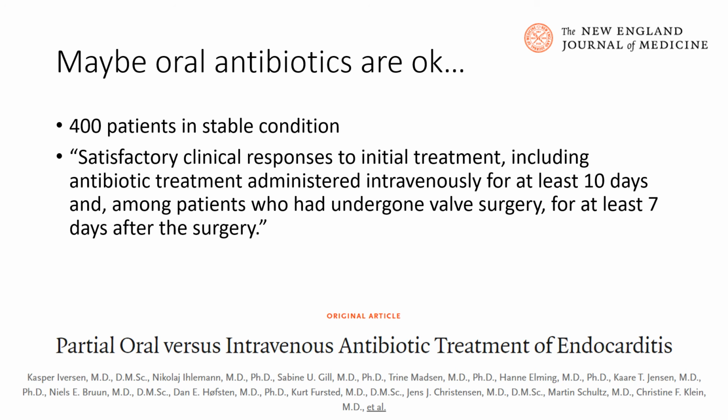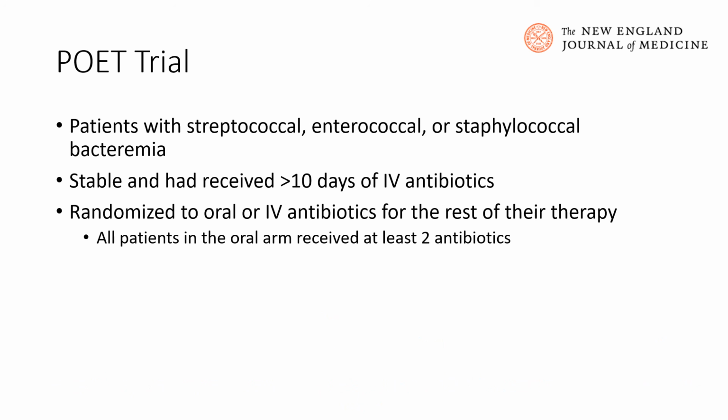And they were randomized to either IV or oral antibiotics. So these were patients with streptococcal, enterococcal, or staphylococcal bacteremia and endocarditis. They were stable and had received at least 10 days of IV antibiotics, and then they were randomized to oral versus IV. And it is worth noting that all patients in the oral arm received at least 2 antibiotics, so they were treated with 2 different oral antibiotics simultaneously, and they were treated with very high doses of oral antibiotics, much higher than we typically use for routine infections.